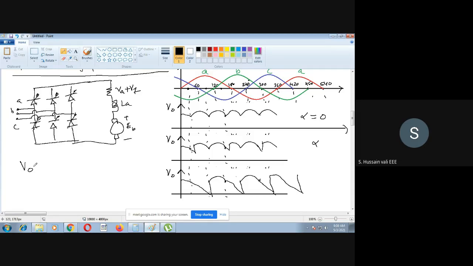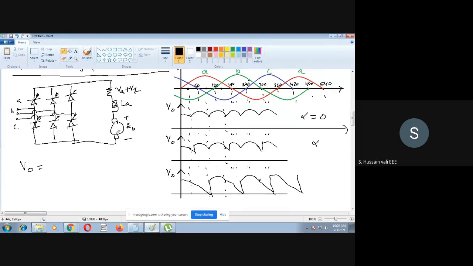You must get a similar kind of expression here. Okay, because your V naught value simply depends upon whether it is a semiconverter or a full converter. If it is a semiconverter, one expression. If it is a full converter, you get another expression. And how it differs depends upon which type of motor you have taken.